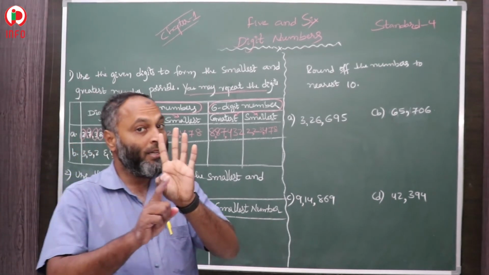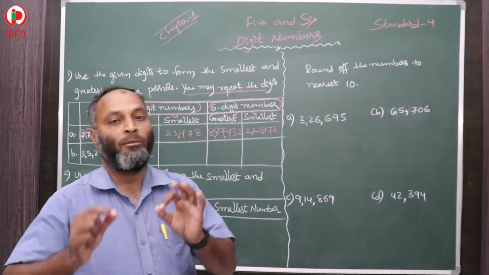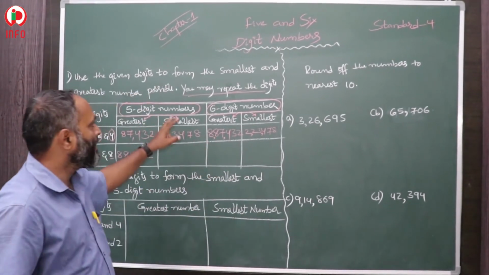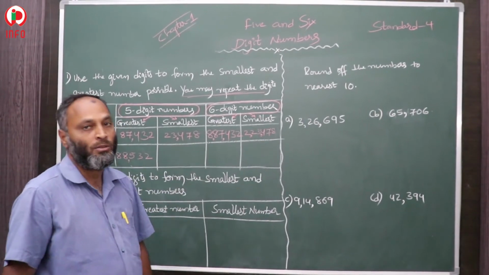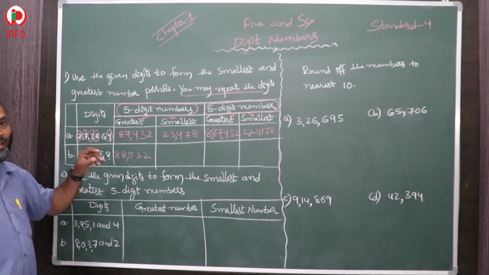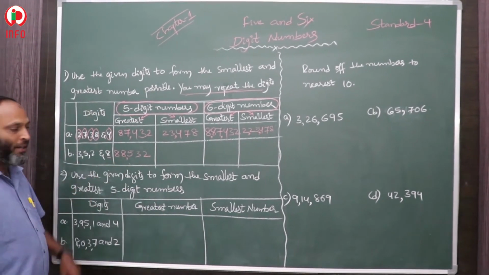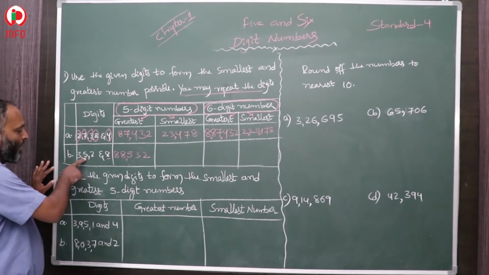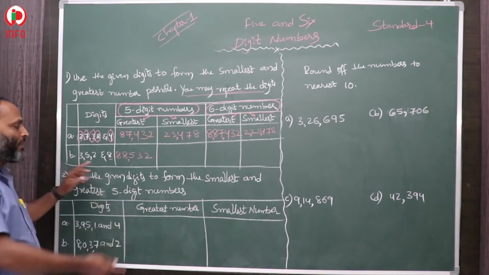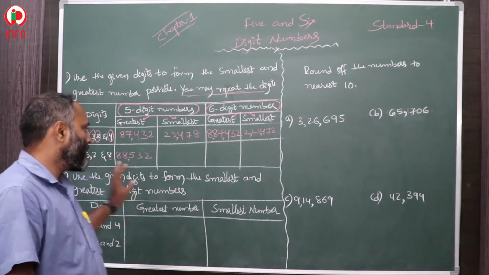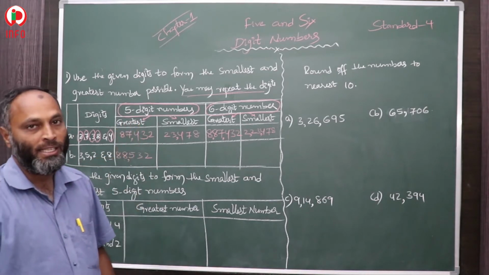One digit is less, so we take 8 one more time, because the condition is given that we may repeat if required. So the biggest number we repeat twice. Then after that smaller is 5, smaller than this is 3, and smaller than this is 2. Using these digits we make the 5-digit greatest number in this way.